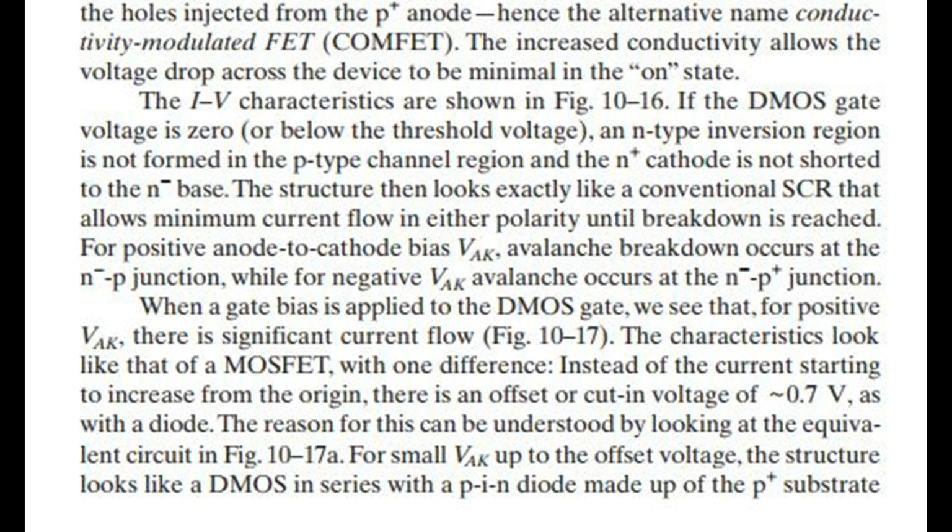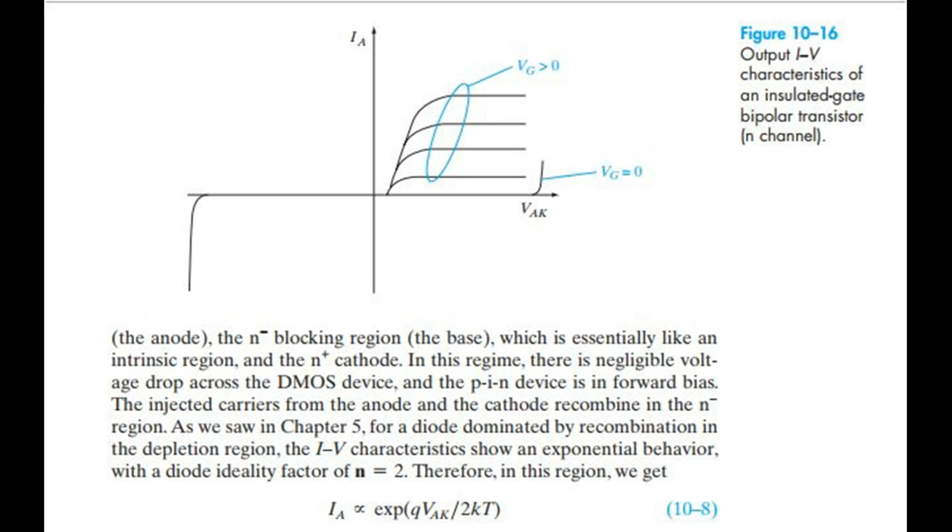For small VAK up to the offset voltage, the structure looks like a DMOS in series with a PIN diode made up of the P plus substrate, the anode, the N, blocking region, the base, which is essentially like an intrinsic region, and the N plus cathode. In this regime, there is negligible voltage drop across the DMOS device, and the PIN device is in forward bias.